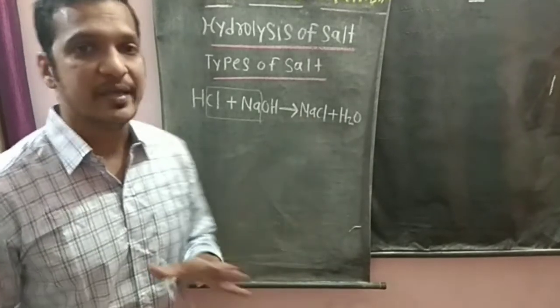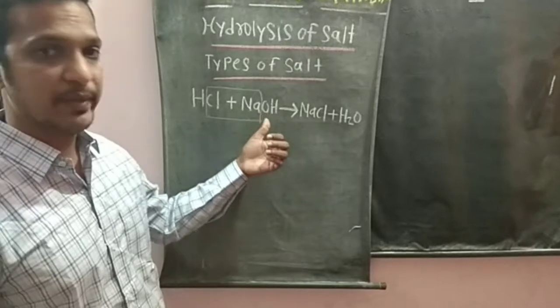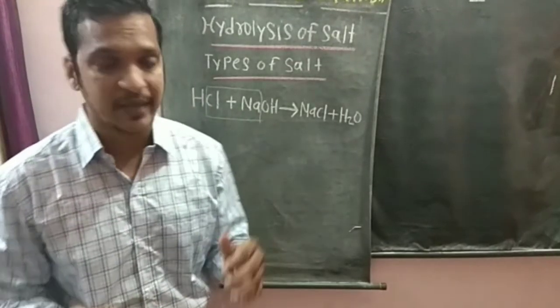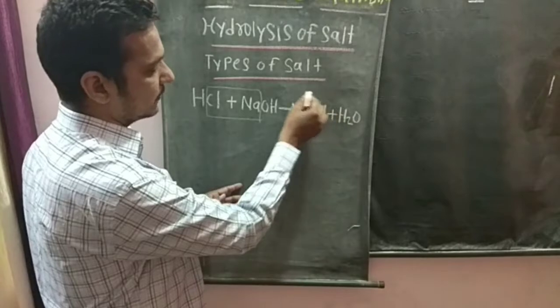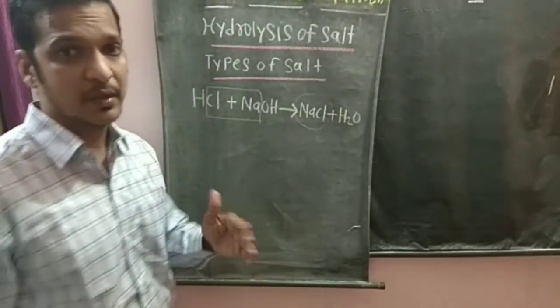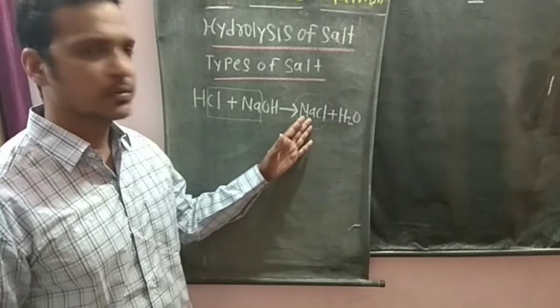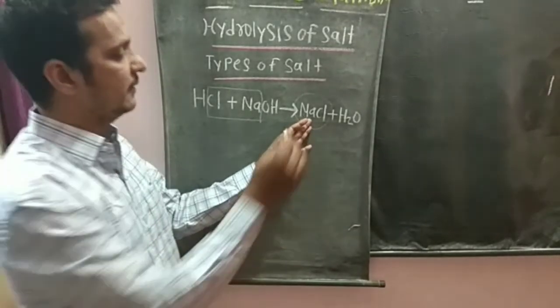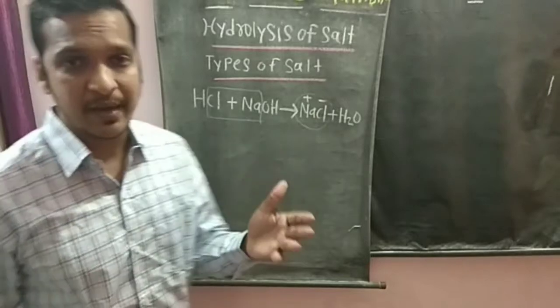Now sodium chloride is a salt, and we know that sodium chloride is made up of a strong acid and a strong base. Strong acid such as hydrochloric acid and strong base such as NaOH. Now what is the definition of salt? We know that NaCl is salt. Now theoretically, what is the definition of salt? Salt means any compound which contains cation and anion, means one positive ion and one negative ion.